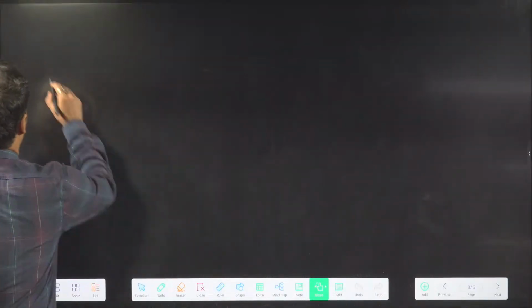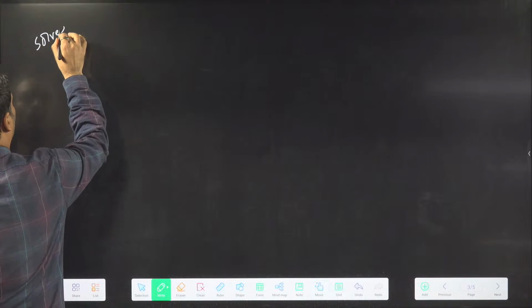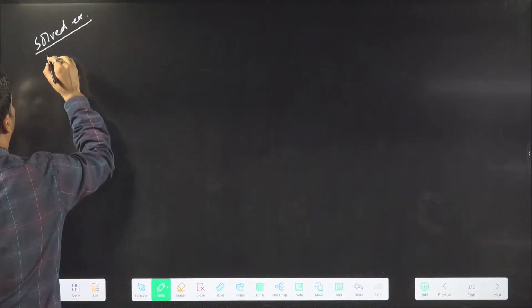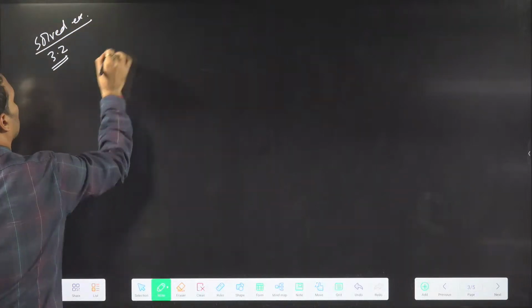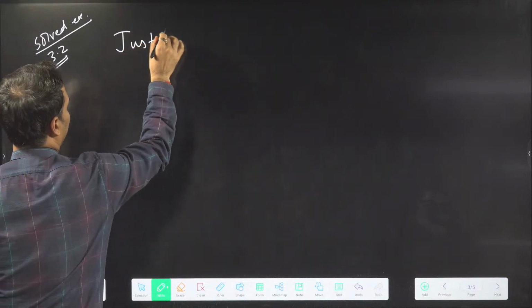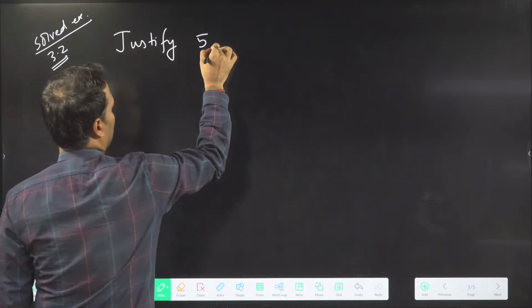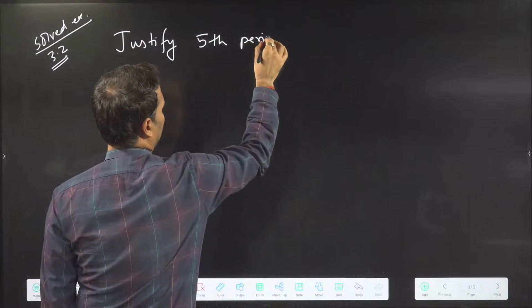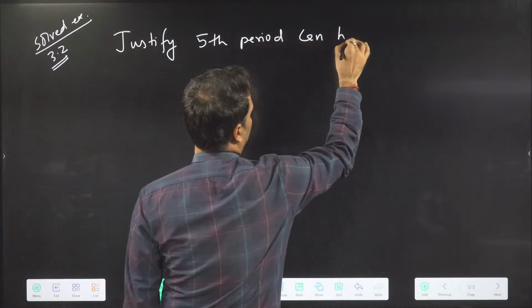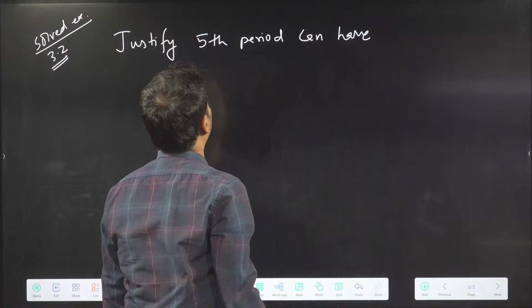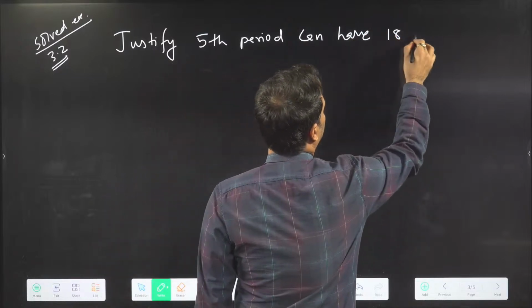Now come to that NCERT question. Solved example. Everyone open that example. Solved example 3.2. The question is like this, ki justify fifth period can have how many elements? 18 elements.